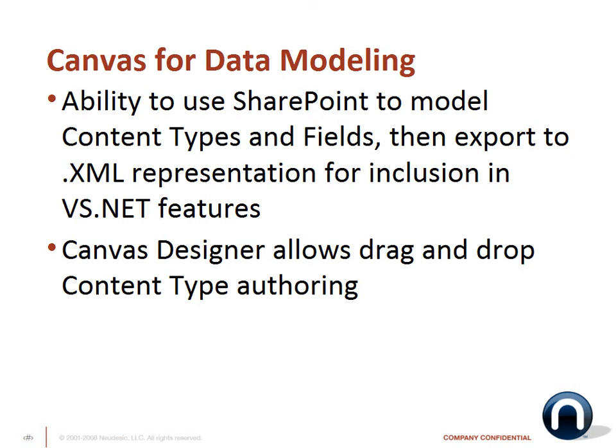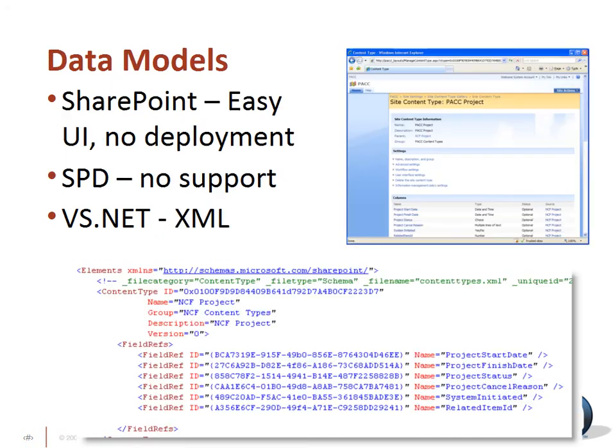So you can do the standard kind of out-of-the-box modeling that SharePoint provides. The UI is pretty good, and it's very functional, very consistent. And what we allow you to do is, through our Canvas Designer, actually take those content types and field definitions, meaning the XML that you would traditionally hand-carve inside of Visual Studio, for example, this chunk of XML.